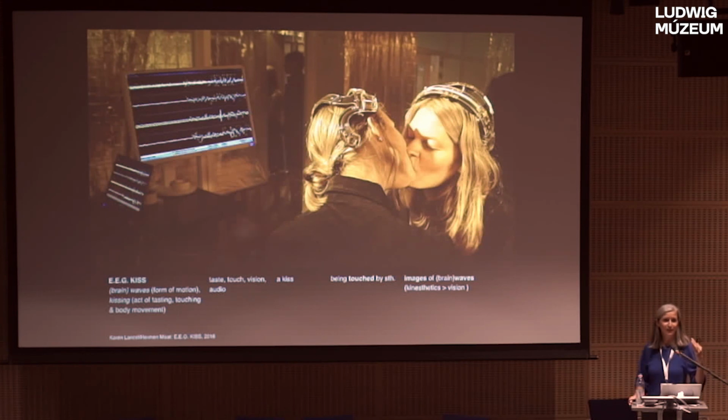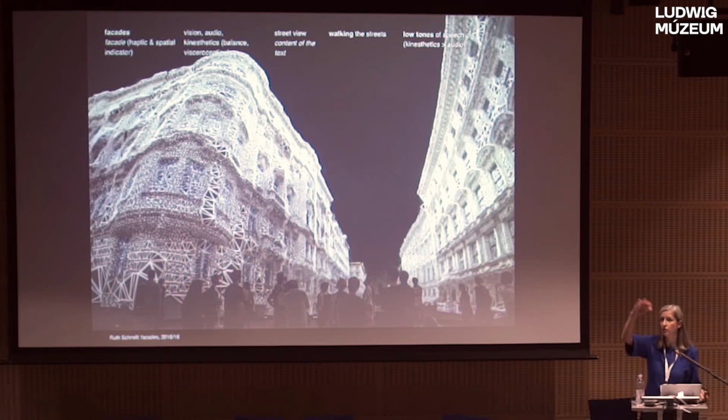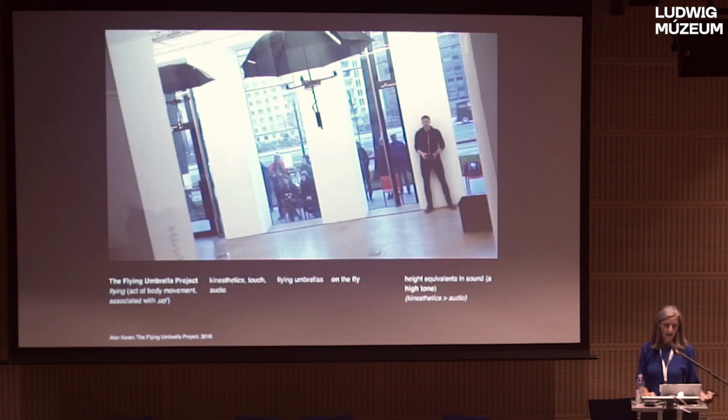And in our context, it was shown, and it will be shown in the future, and it's constantly changed. And this also makes it, of course, difficult to talk about preservation. This is a dome installation by Ruth Schnell, which also consists more or less of a hard disk, and depending on which dome it's shown in, it's completely different again.